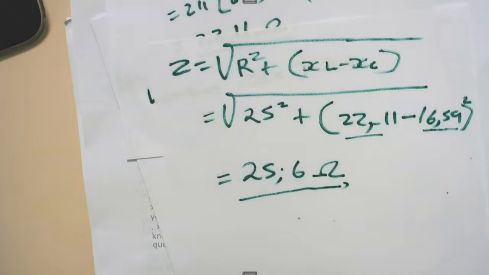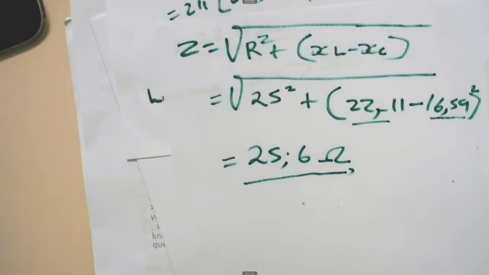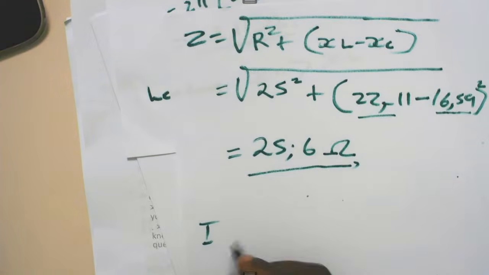Now this is the other mistake that our learners normally make when they've got to calculate their IT. They normally tend to use VT over R instead of Z, because in this case we are looking for the current of the whole circuit, so you've got to use the total opposition, which is the impedance.